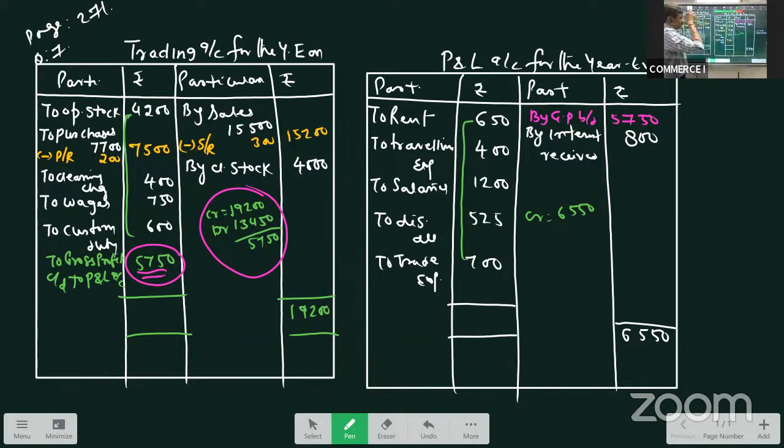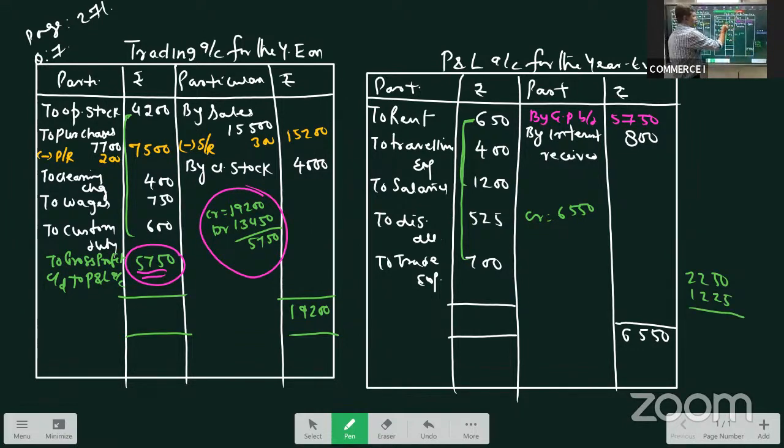I told you yesterday, don't go for summing up like this.